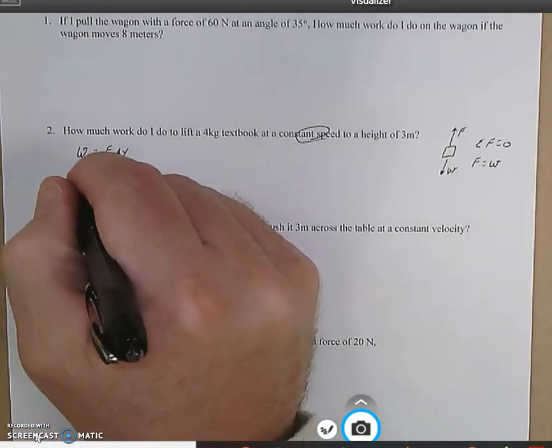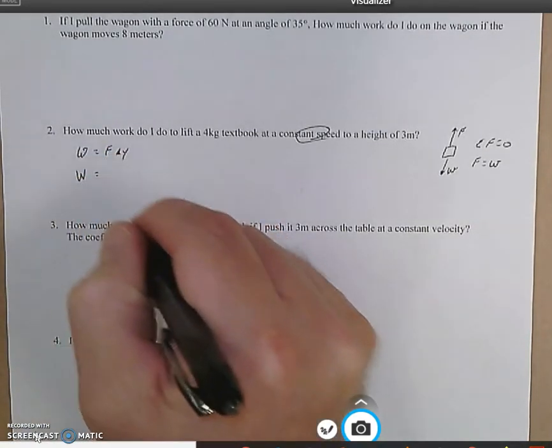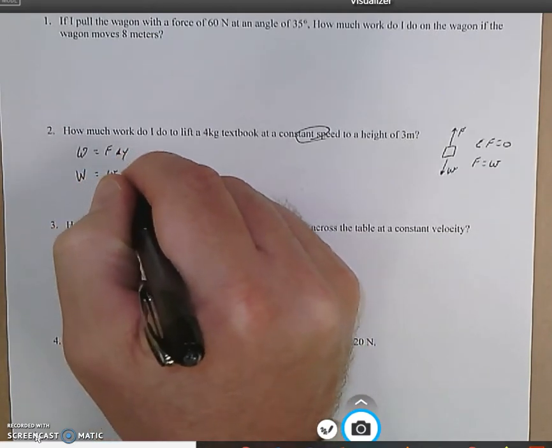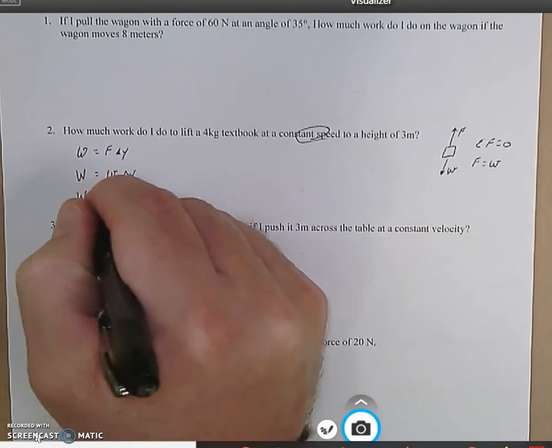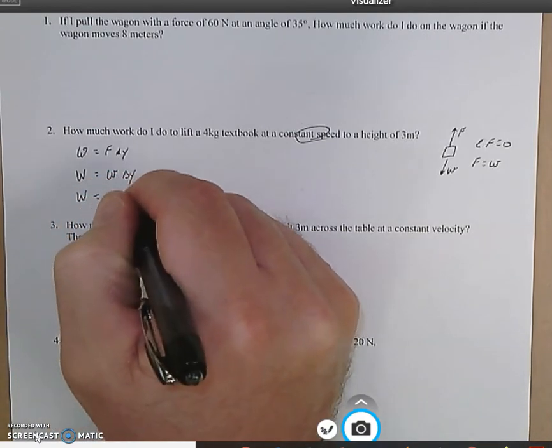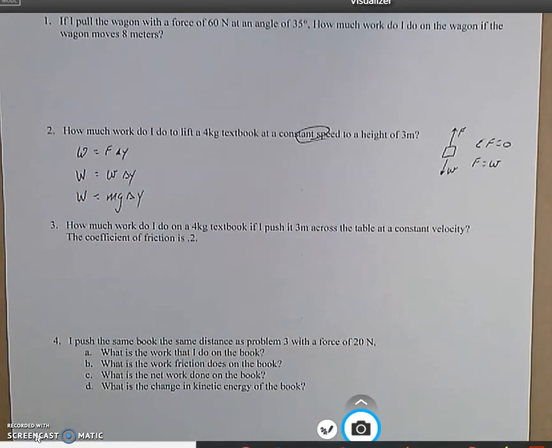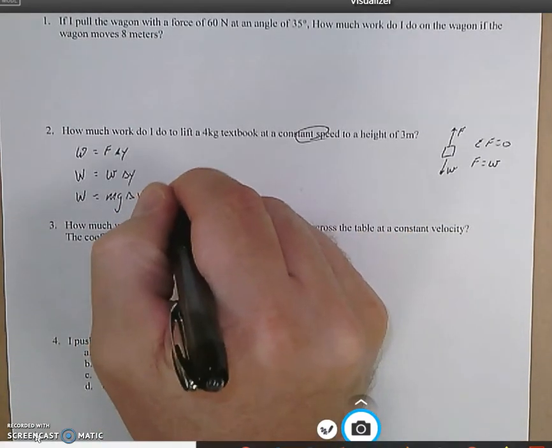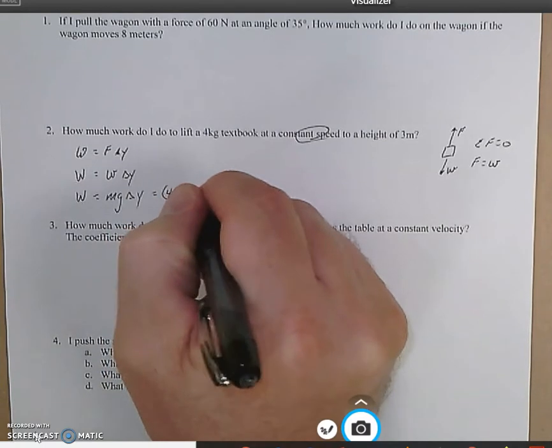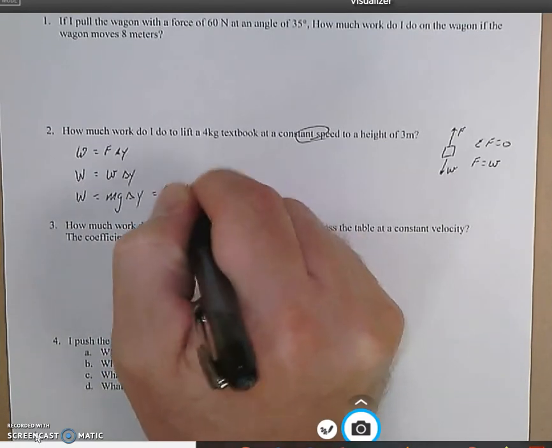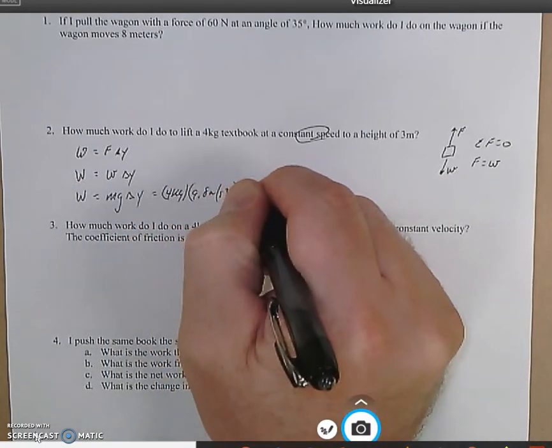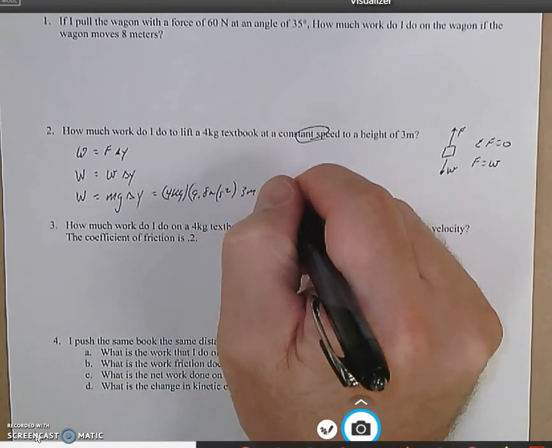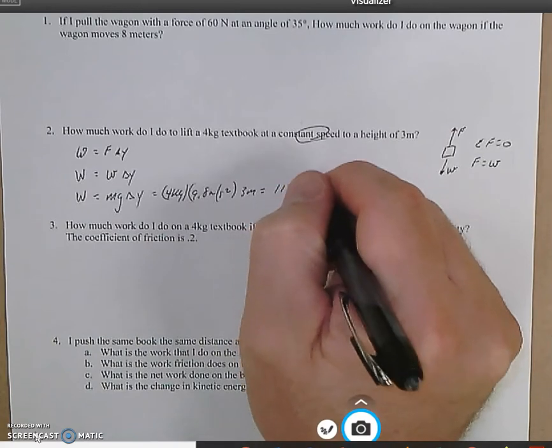So in this particular case, the work done is equal to the weight of the object times delta y, which we can calculate as m times g times delta y, which would be 4 kilograms times 9.8 meters per second squared times 3 meters, or someplace in the range of 117 joules.